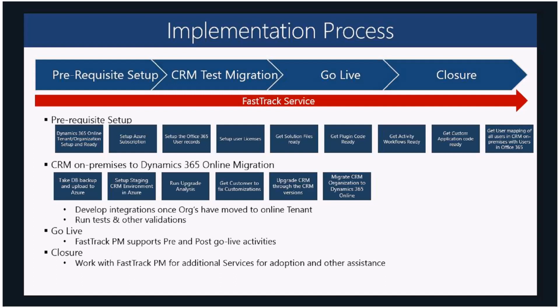Once these prerequisite steps are completed, then the actual migration starts, which is the second row, where we take a backup of the DB file, upload it to the blob container, which is created by the tool automatically, and then we set up the environments that we require for the migration, and that depends on which version of CRM on-premise you're coming from.